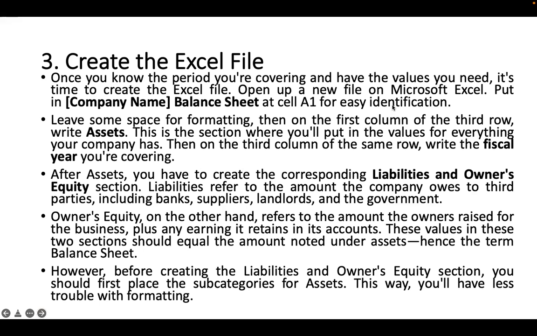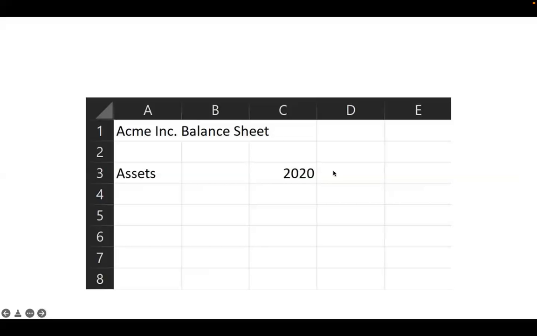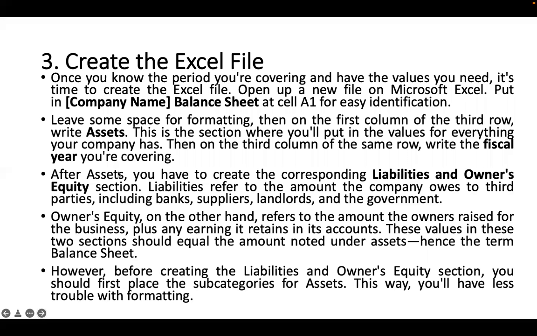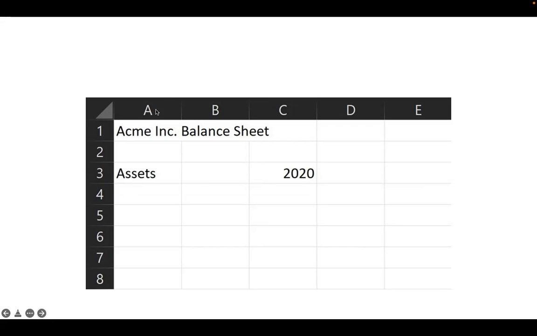Leave some spaces for formatting. Then in the first column of the third row, write assets. We have left this space, and here we have written assets. So this is the first column and this is the third row.